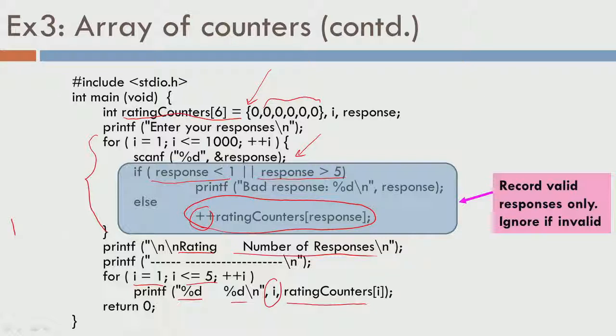Response 1 came from 15 people, response 2 came from 85 people, response 3 came from 100 people, response 4 came from 500 people, and response 5 maybe came from 300. In this case all the users, let us say, gave valid responses: 300 people gave 5, 500 people gave 4 and so on, and the summation of this will be 1000.